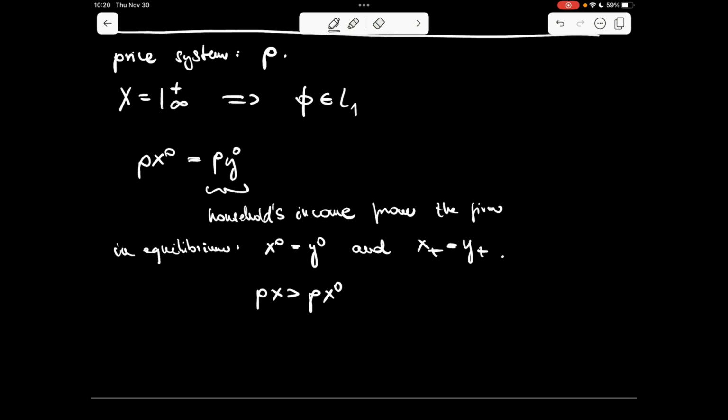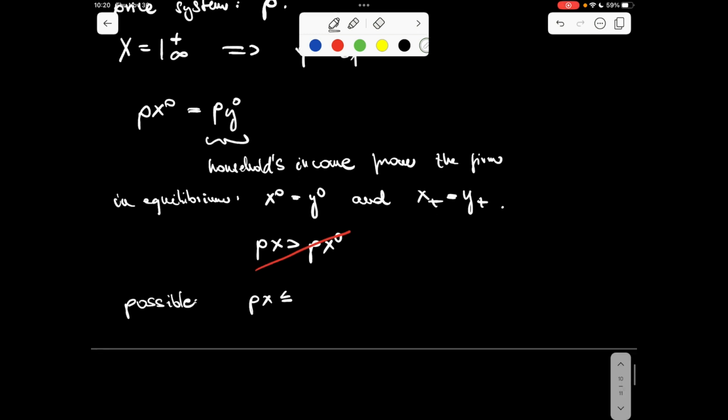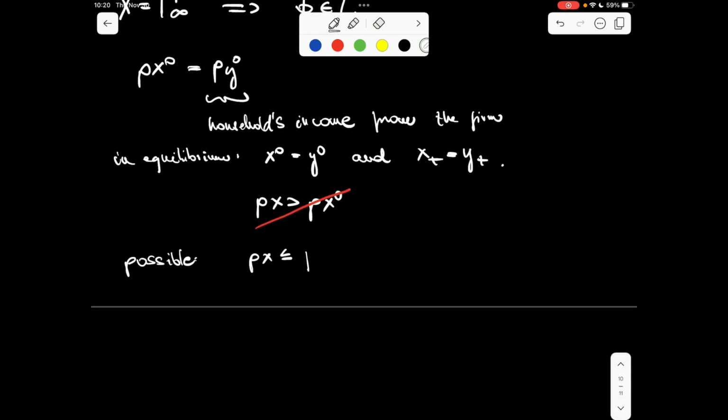So this is not possible. So what is possible is buying a consumption path on or below the budget constraint.